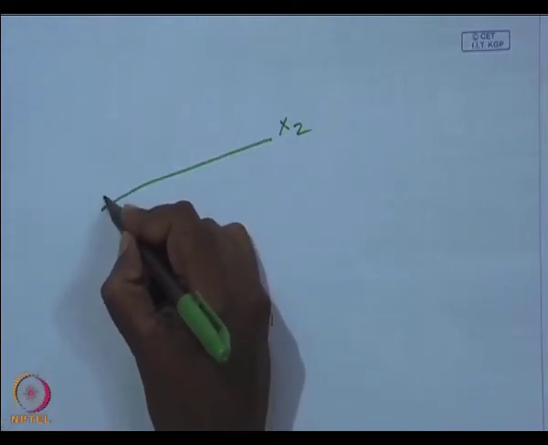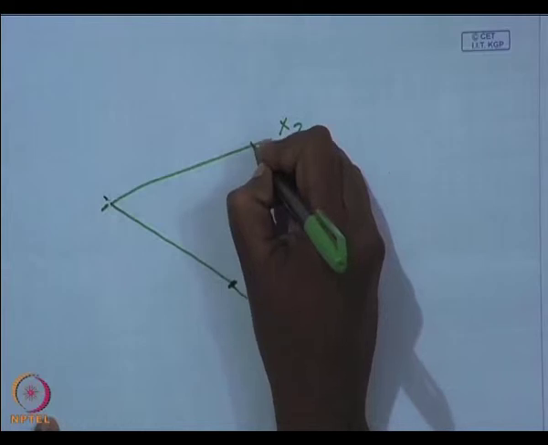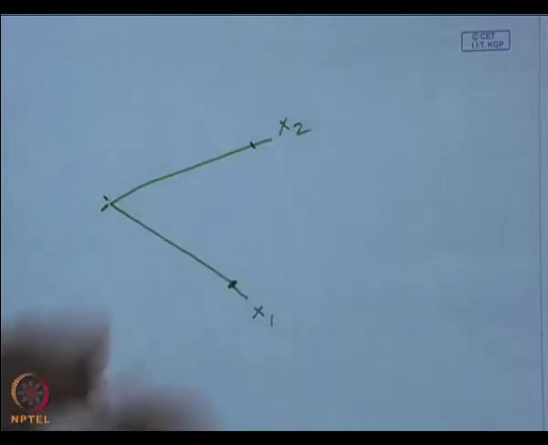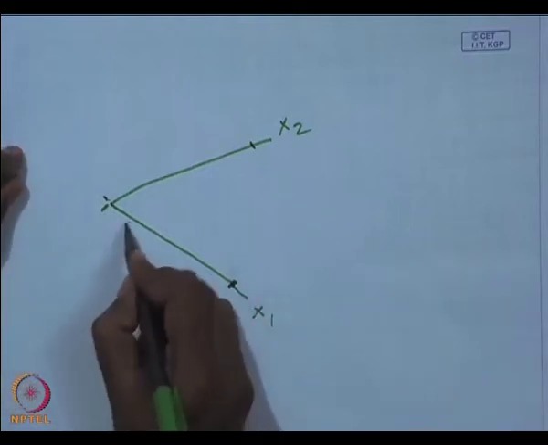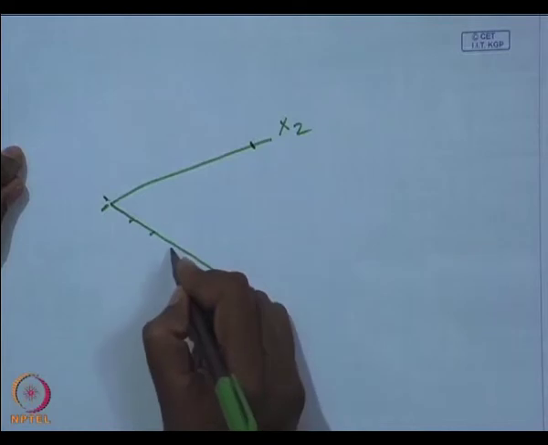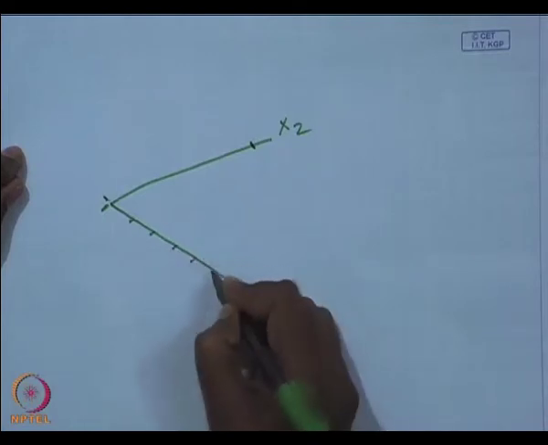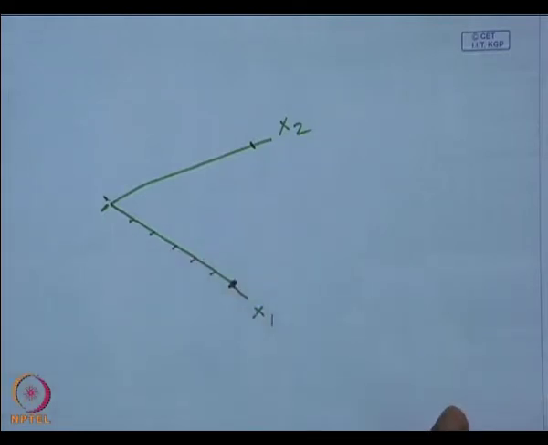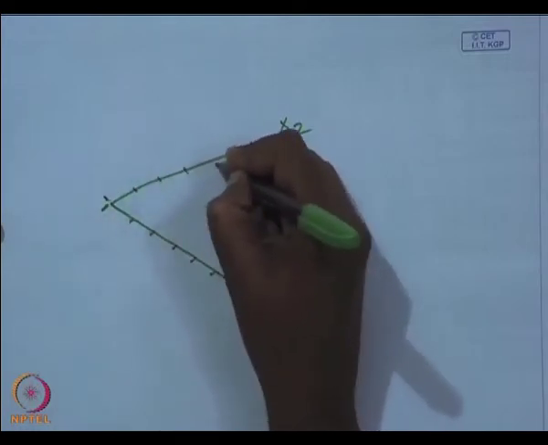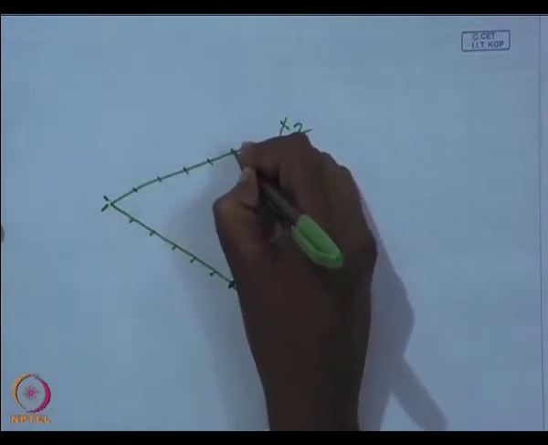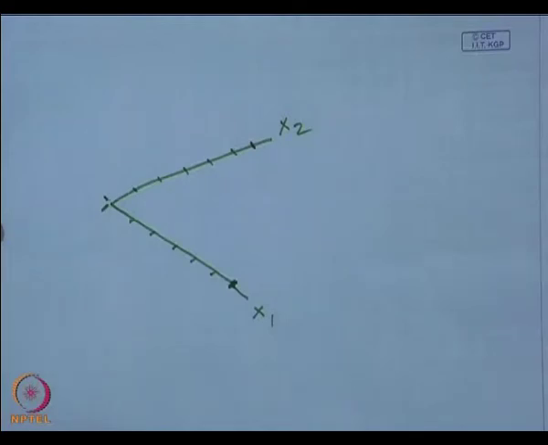Similarly, this is the minimum value of x2 and somewhere over here we have the maximum value of x2, which defines the range of x2. So, if I divide x1 into a number of bins, as we have done in 1 dimension, similarly x2 is also divided into a number of bins.